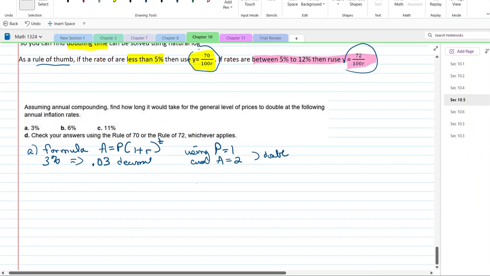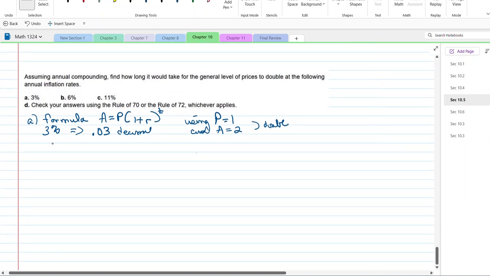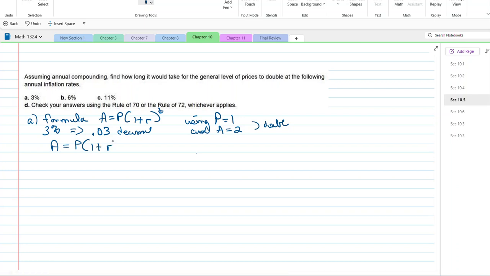Right, so let's go from here. We're going to use the formula A equals P times (1 plus R) raised to the T. 2 equals 1 times (1 plus 0.03) to the T. 2 equals 1.03 raised to the T. In this case, we can do the log or the ln, whichever you prefer.